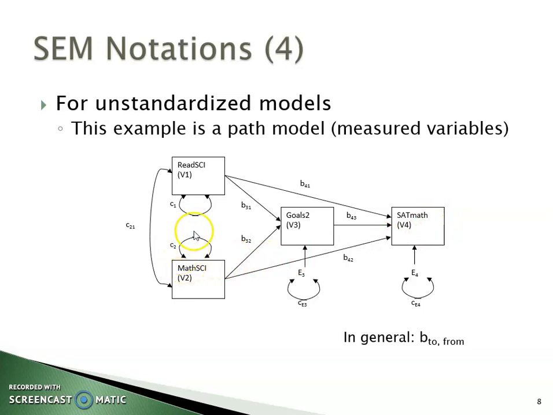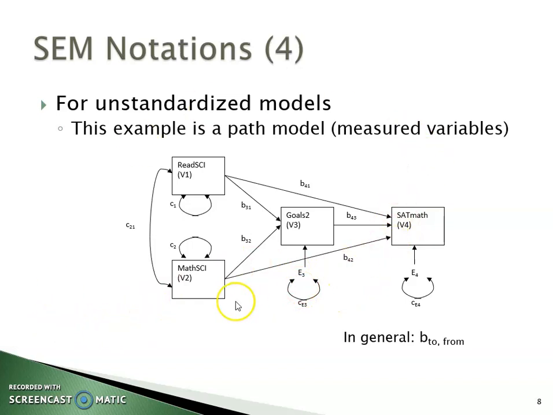And you have the curve that starts and ends at the same variable that represents the variance of this observed variable. Since there are no latent factors, we have error, not disturbance. We have error for the endogenous variables.